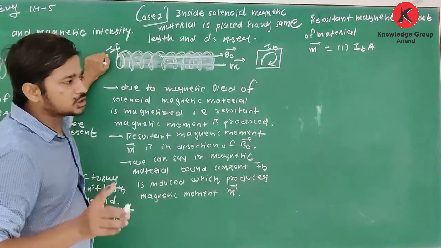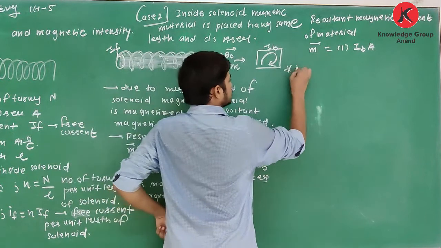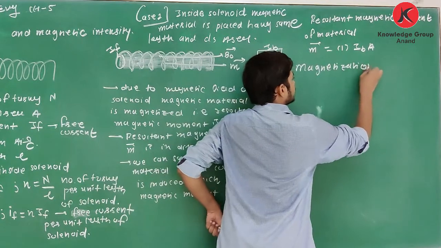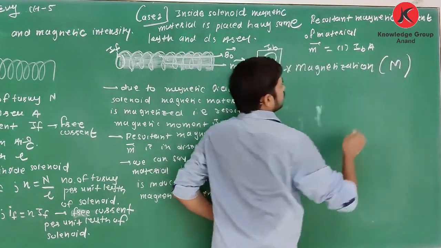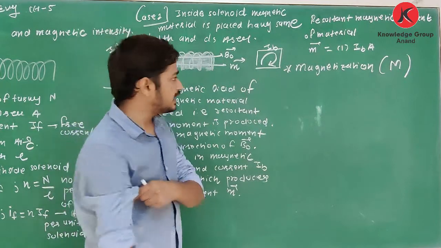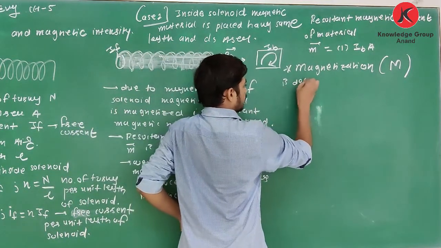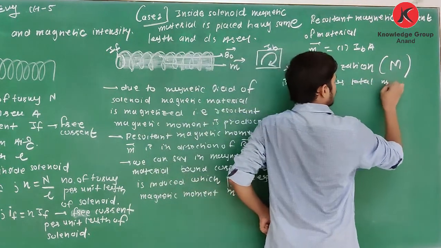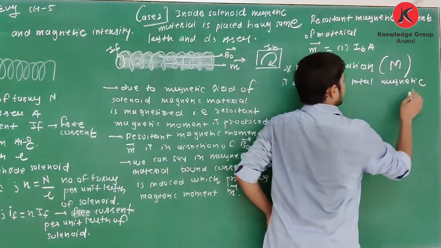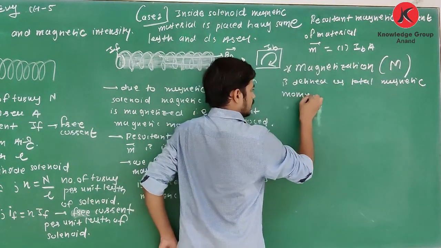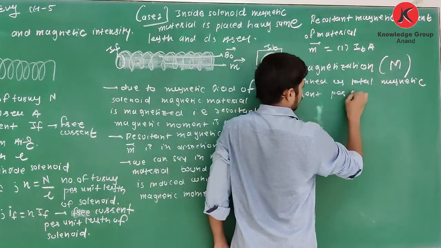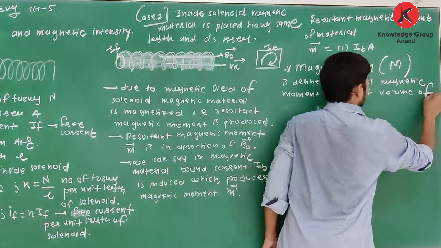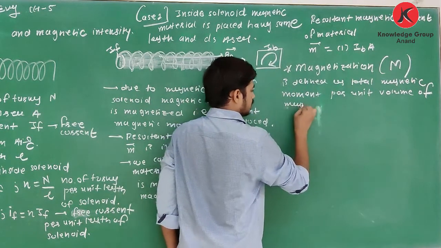Now one definition you have to remember. What is magnetization? Magnetization, capital M, is defined as total magnetic moment per unit volume of magnetic material.